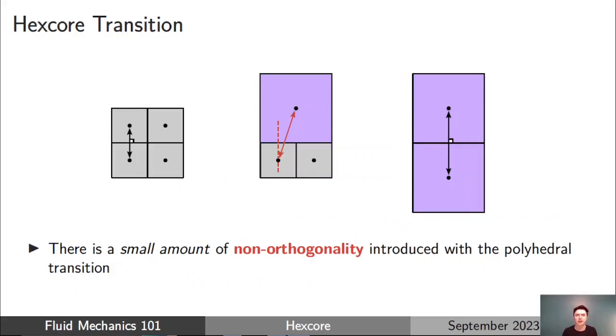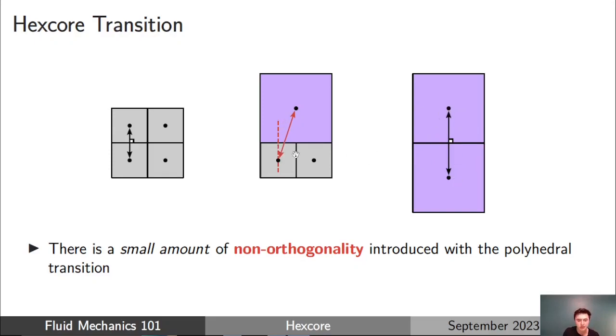Now, unfortunately, this method of transitioning between small cells and large cells isn't without a cost. If you think again about that vector that connects the cell centroids across the face in the finite volume method, of course, when you have only small cubes, that vector is orthogonal to the face, it's at 90 degrees, and so are all of the other cells. And the same when we only have the large cells, that vector is orthogonal to the face.